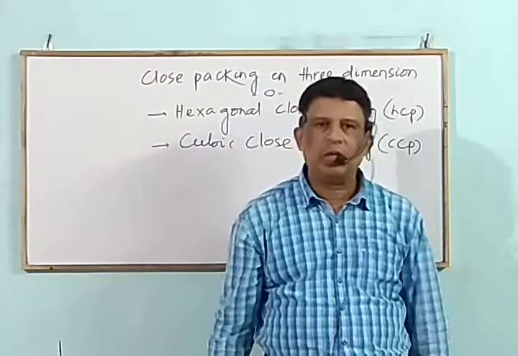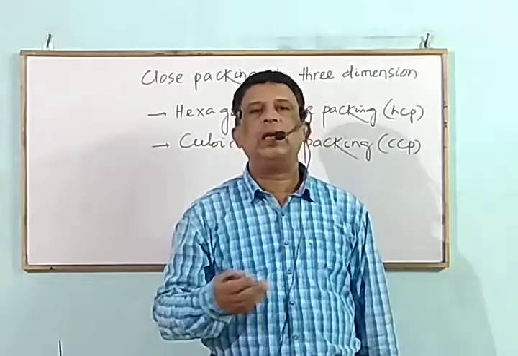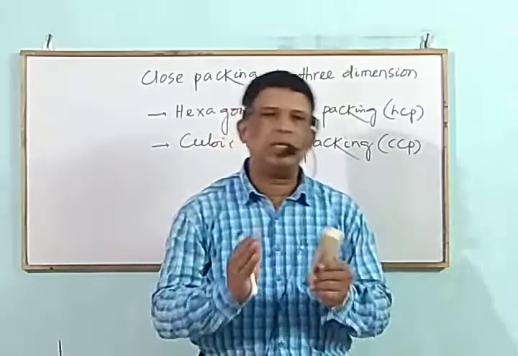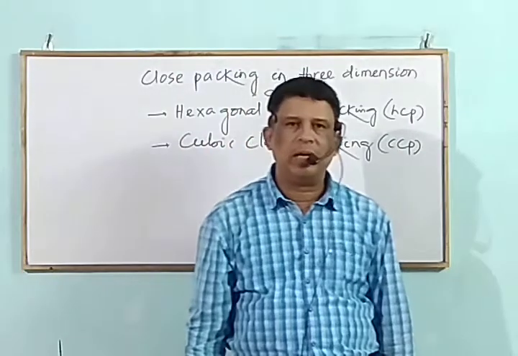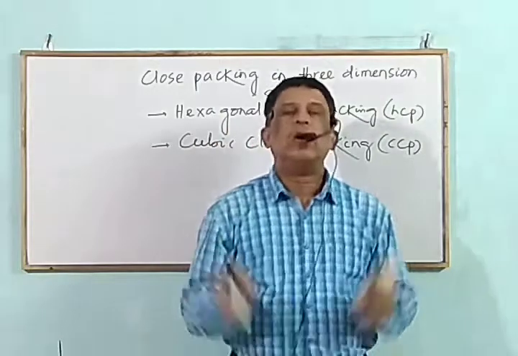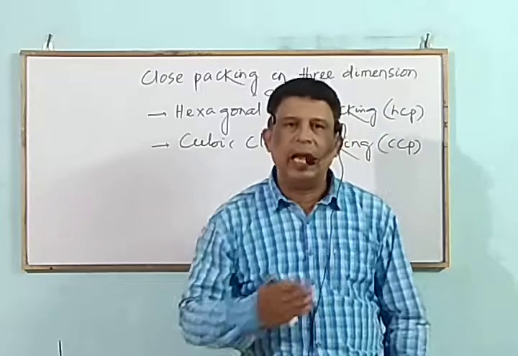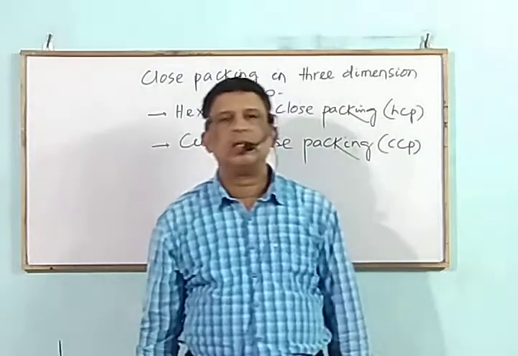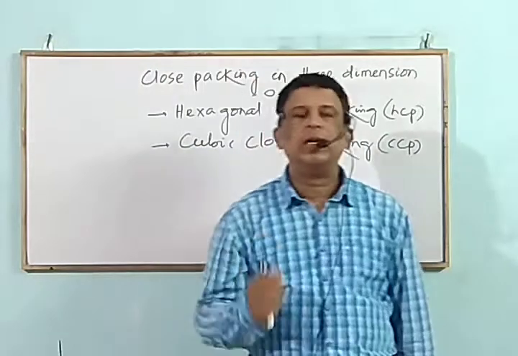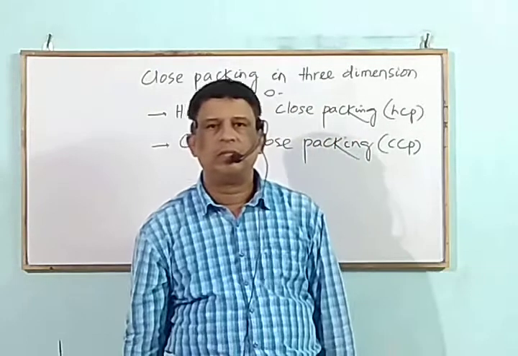It is difficult to draw the structure. This board is 2 dimensional while I am giving an idea about 3 dimensions, so sometimes we have to imagine the concept. What is the arrangement? When the spheres are arranged in a row, then an edge or length is formed. Similarly, when the spheres are arranged in a column, then an edge or breadth is formed.